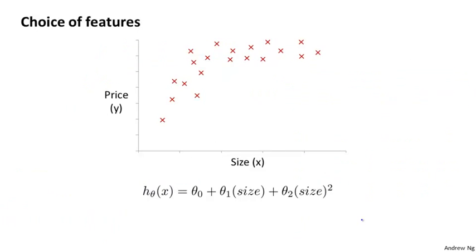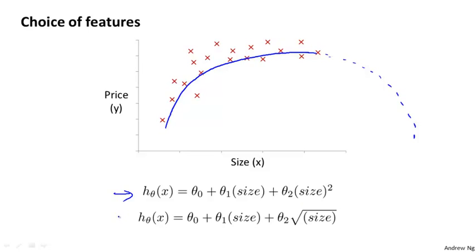Finally, here's one last example of how you really have broad choices in the features you use. Earlier we talked about how a quadratic model might not be ideal because maybe a quadratic model fits the data okay, but the quadratic function goes back down, and we really don't want to predict that housing prices go down as the size of the house increases. But rather than going to a cubic model, you have other choices of features, and there are many possible choices. Just to give you another example of a reasonable choice, the price of a house could be theta 0 plus theta 1 times the size, plus theta 2 times the square root of the size, right?